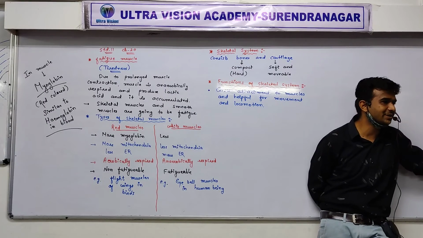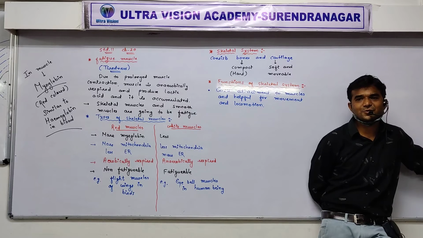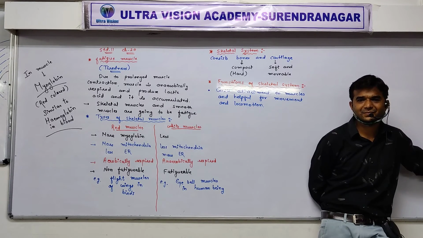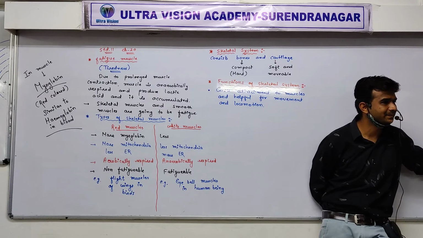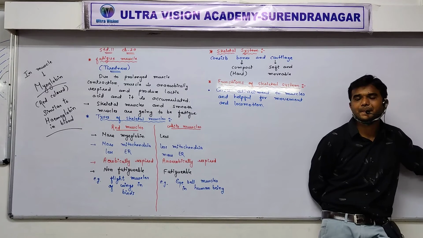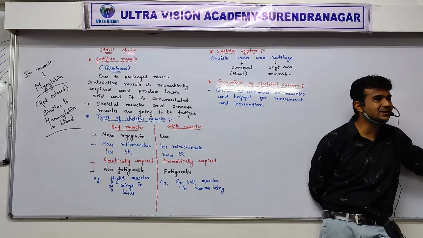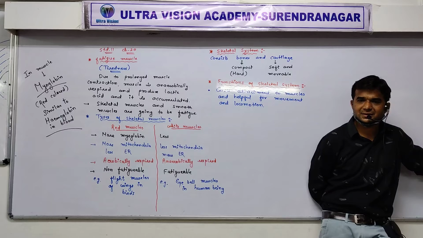Yes, but the structure and function of movement and locomotion activity are a little bit different. And that's why you know that locomotion is movement, but movement is not locomotion. Clear? So the skeletal system gives the site for attachment of the muscles and is helpful for movement as well as locomotion.